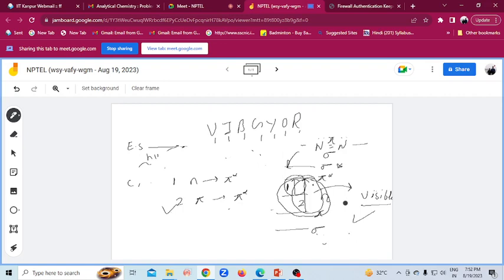When it absorbs more energy, it can absorb only violet. Why can it absorb only violet color? Because it has low wavelength or high frequency.